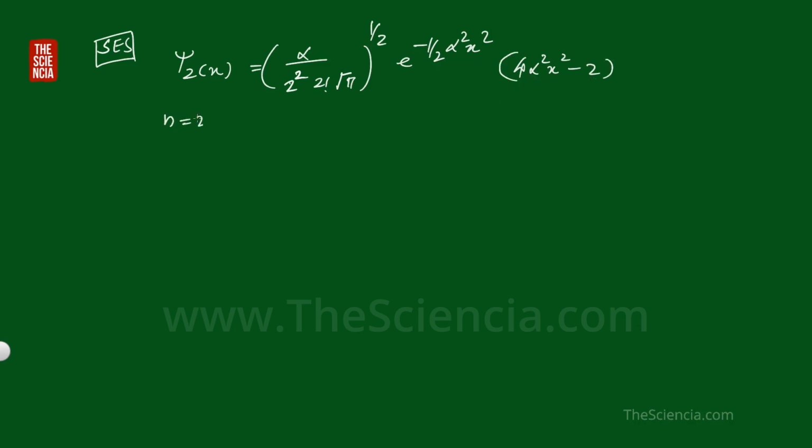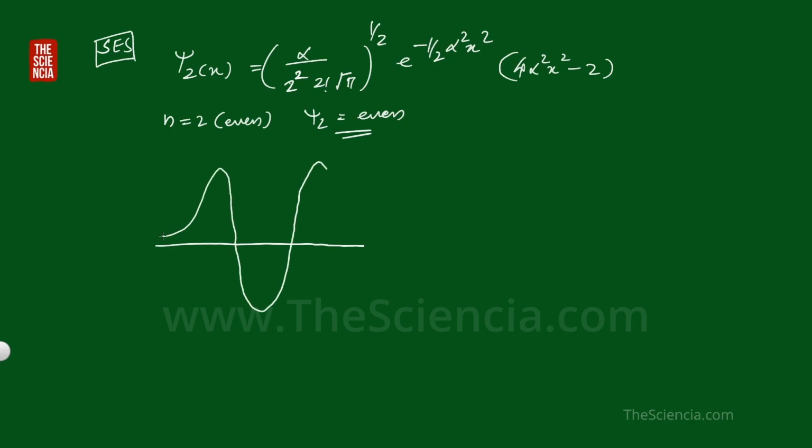Here n is equal to 2, that is an even value. So psi 2 is also an even function. If you are plotting this wave function, then this is an even function, so it starts from the positive side. This will be the graph corresponding to this wave function psi 2. And here you can see there are two nodes.